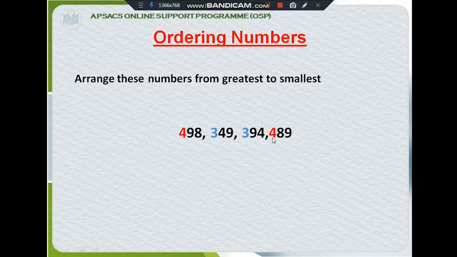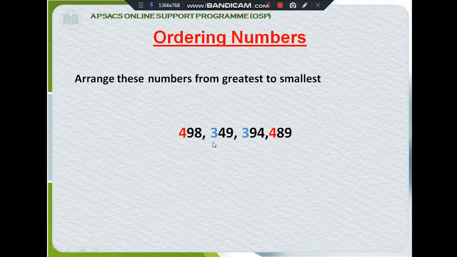Exactly, 4 is the biggest. But we see that 4 is in two numbers. So what will we do? Right, we will move on to the next place value, that is tens. 9 tens and here we have 8 tens. So which one is the greatest? 498 is the greatest. Then 489.